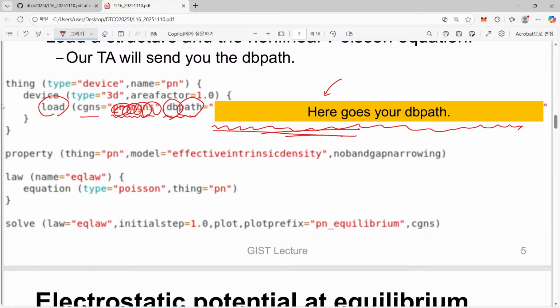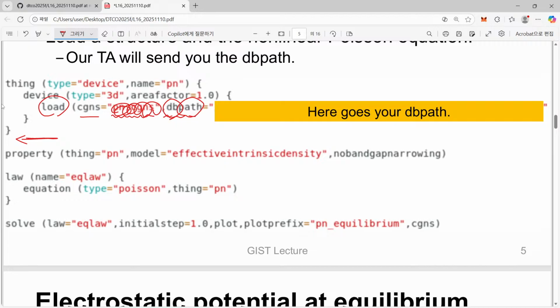For example, when I capture my screen, it has my own path, but if you type it into your system, it doesn't work, because there exists no such path. So you must have the correct one. And once this line is over, now you have the loaded device structure.